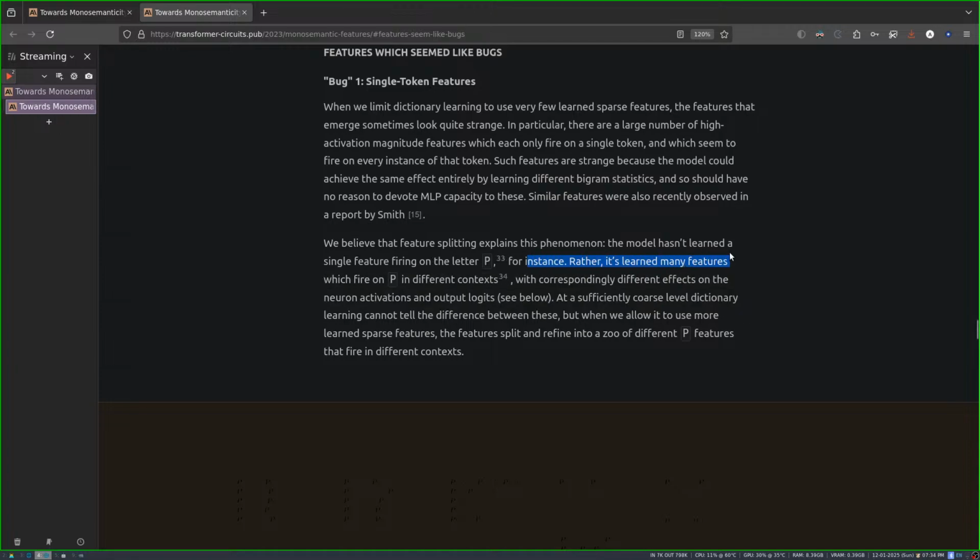Rather, it's learned many features which fire on P in different contexts, with correspondingly different effects on neuron activation and output logits, as seen below. Sufficiently coarse-level dictionary learning cannot tell the difference between these, but when we allow it to use more learned sparse features, the features split and refine into a zoo of different P features.